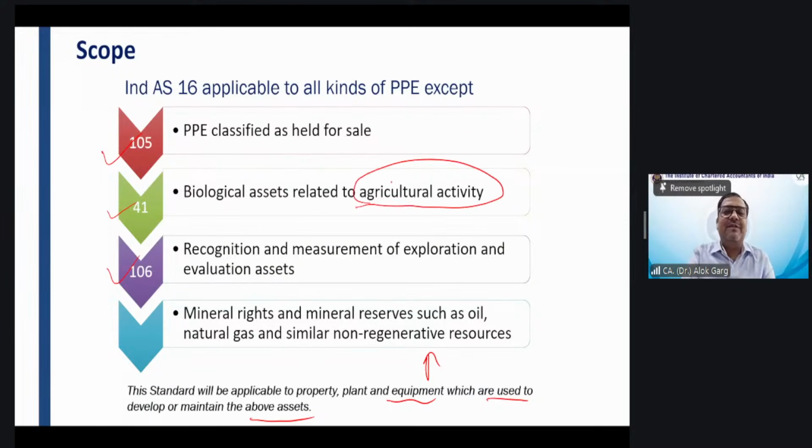You are absolutely right, Ravinder, Saminathan, Yogendra. This will be covered under Ind AS 16. Only those biological assets related to agricultural activity, in terms of living animals, will be excluded. And we will discuss the concept of bearer plant as well when we discuss this standard.